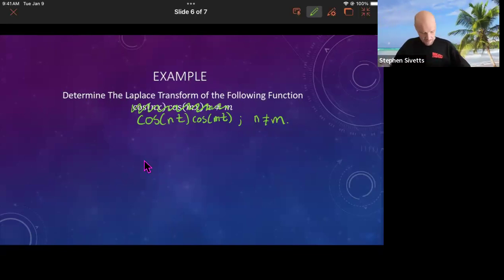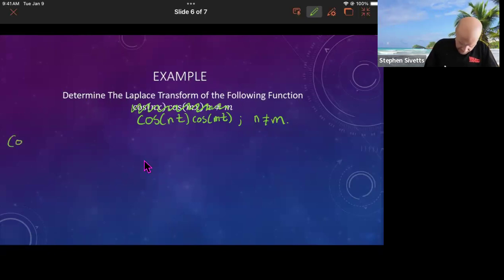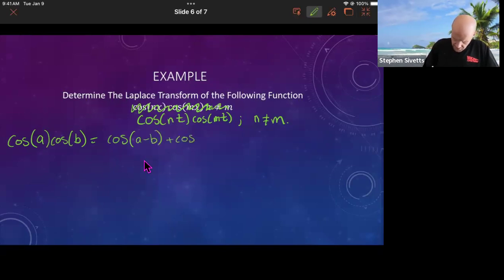So what we're going to do is use a trig identity that may or may not be familiar to you. It's this one: cosine A times cosine B is equal to (cosine of (A minus B) plus cosine of (A plus B)) over 2.